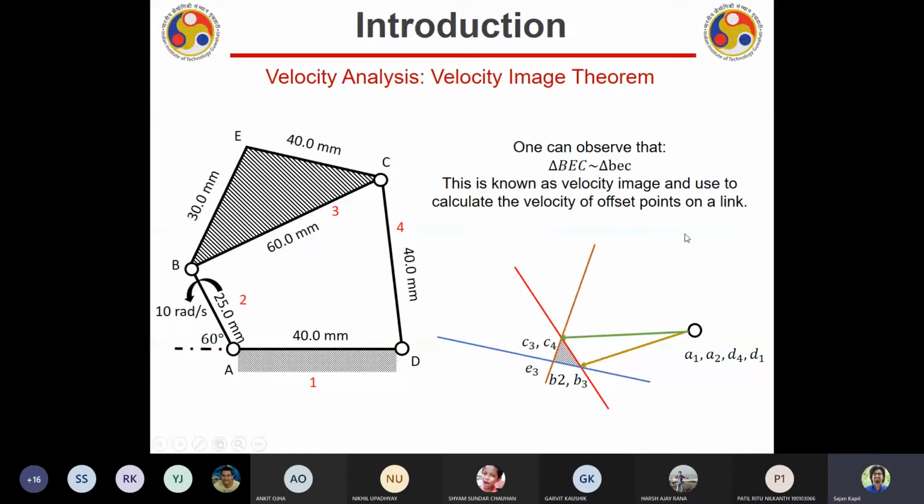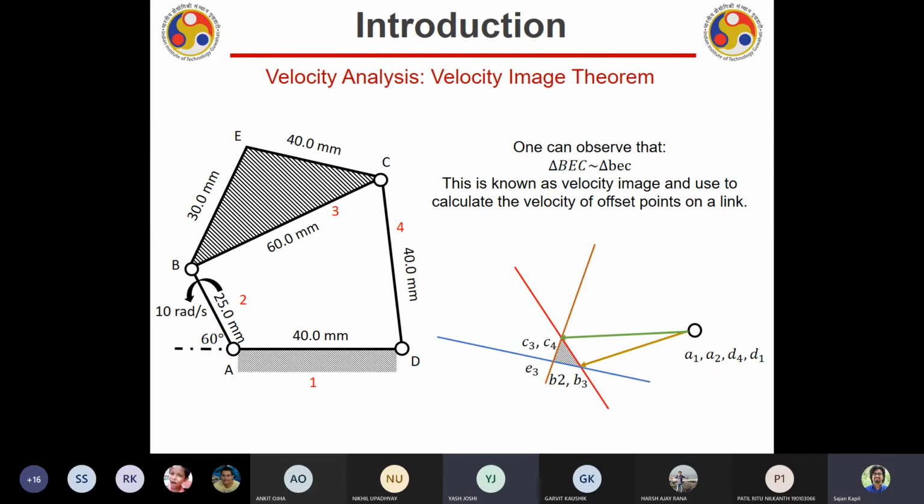Why so? Because the velocity differences are equal to omega 3 multiplied by the distances between them, so they have the same ratio.